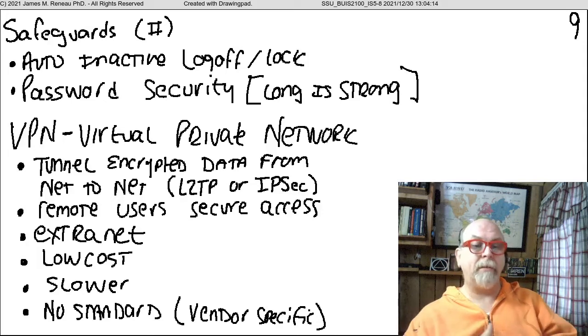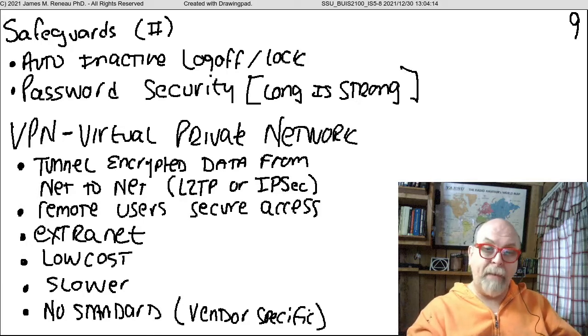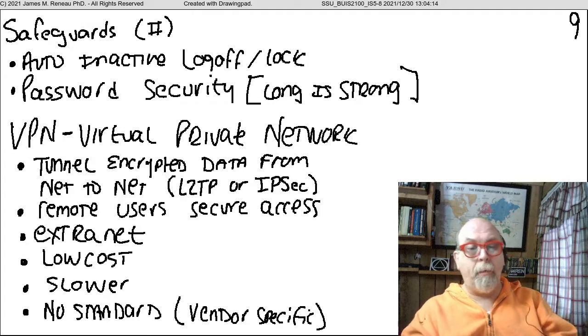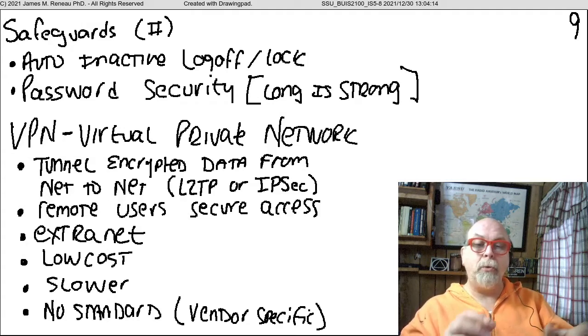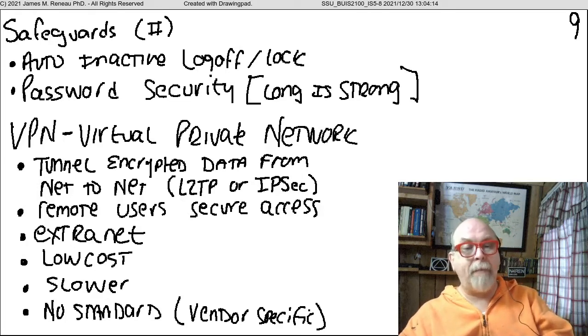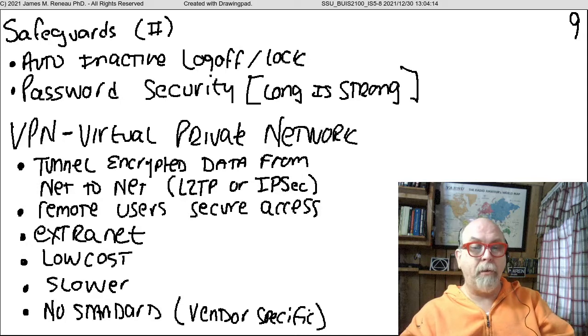For instance, when my wife works from home, her laptop, she uses a VPN which ties her laptop to her corporate network that then will allow her to use terminal services and remote desktop to remote desktop into her computer at the university.